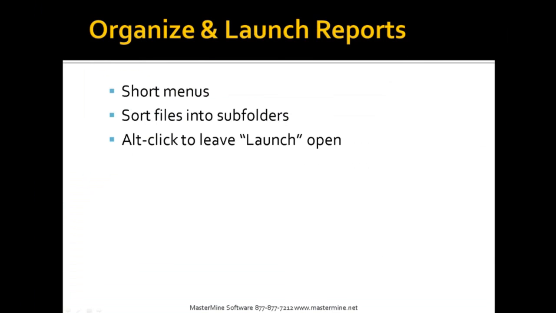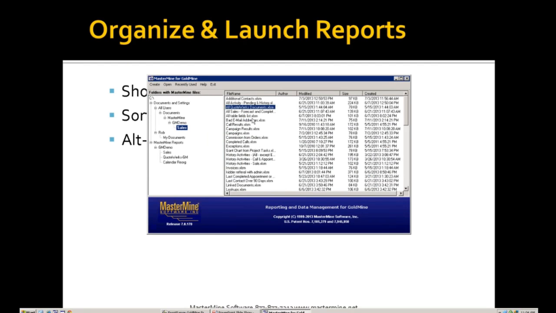You can sort your files into subfolders simply by dragging and dropping your files over into the folders. So if you've got a file in one folder and you wanted another one, you can simply drag it over. You don't have to save as or whatever.